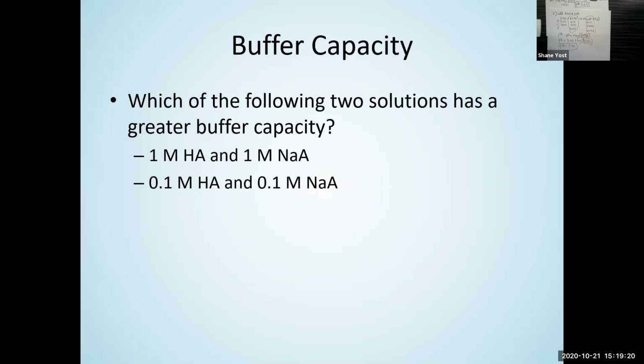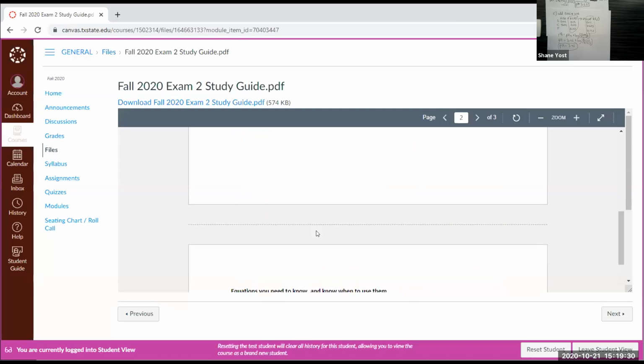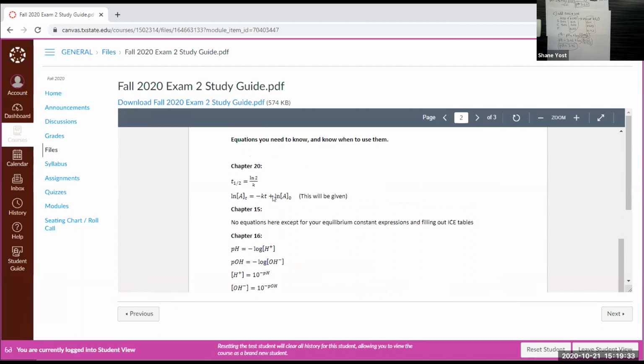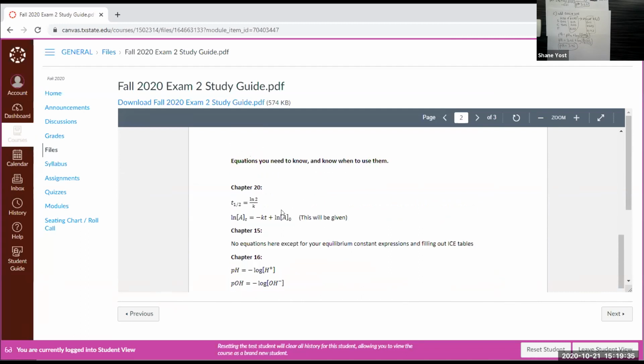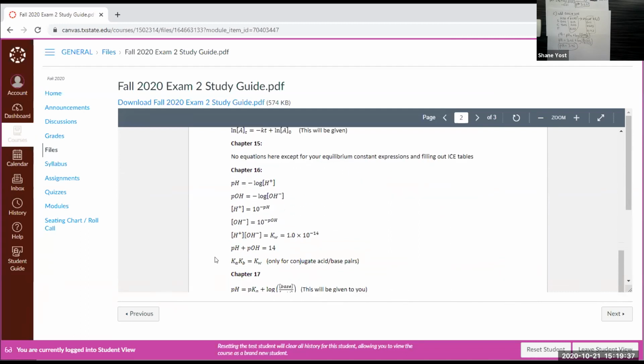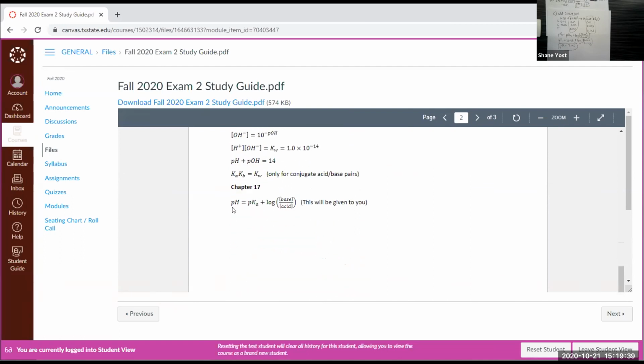Again, there's a review thing posted on Canvas. Yes, you will be given the Henderson-Hasselbalch equation. For example, the list of equations in this study guide has the Henderson-Hasselbalch equation here, but again, I note that this will be given to you.